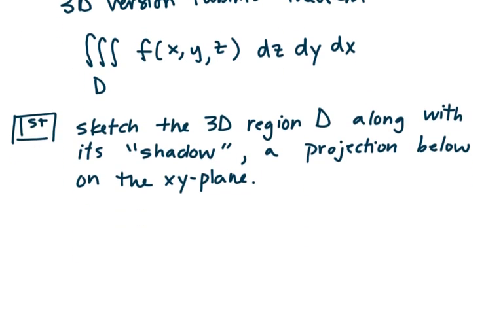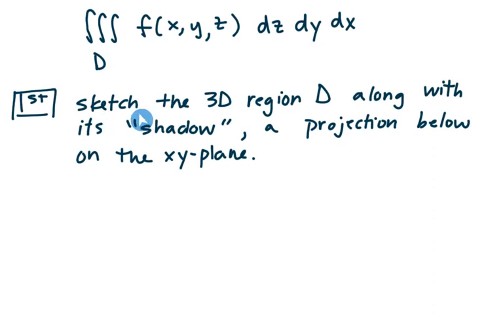Our first step here is going to be to sketch the 3D region D along with its shadow. The shadow is a projection directly below into the xy plane.